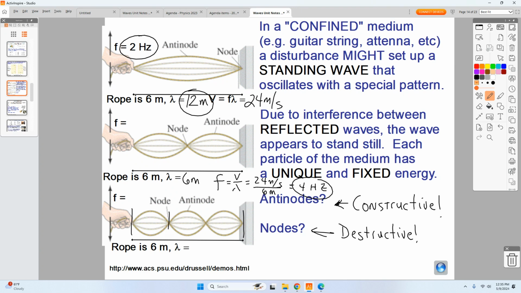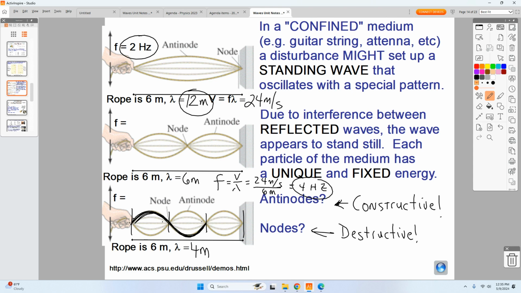It's 4. So I noticed that this portion represents 1 full wave. It's got a crest, it's got a trough. And if I think of this as divided into segments of 2, that's 2, that's 2, that's 2, the wavelength would be 4 meters.